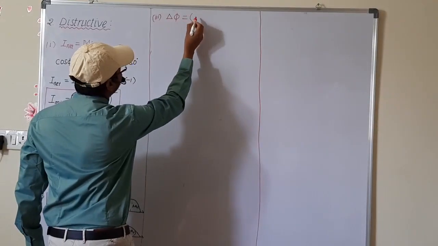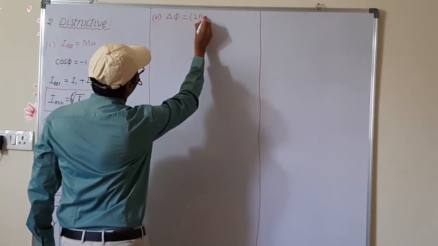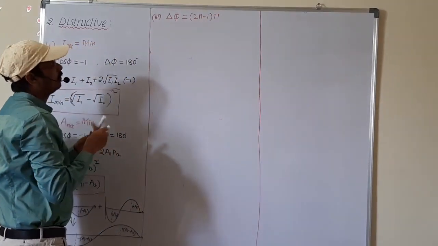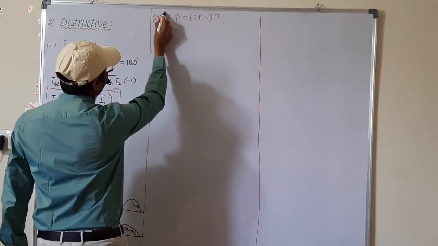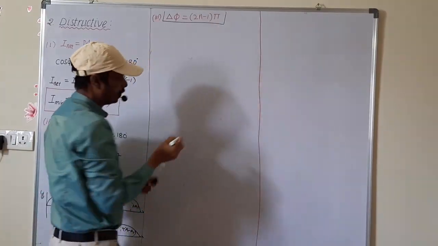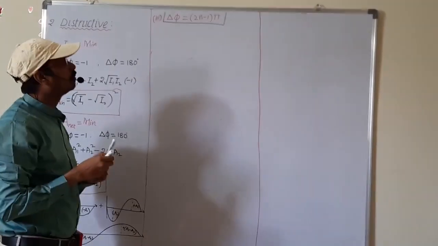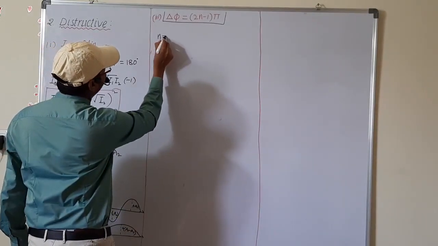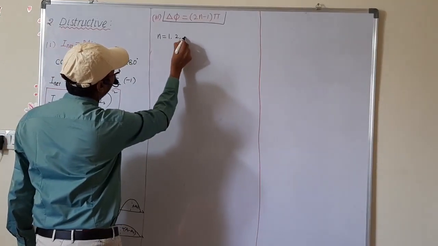Again, we can discuss this in another way. That is the third point, according to phase difference. Here we have to take the phase difference as an odd multiple of pi. For constructive interference, it was an even multiple. Now we have to take an odd multiple of pi, and n starts from 1, 2 and so on.